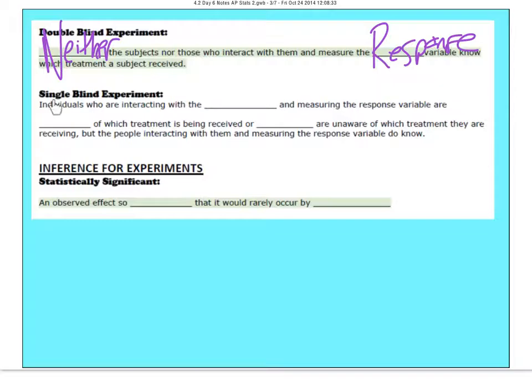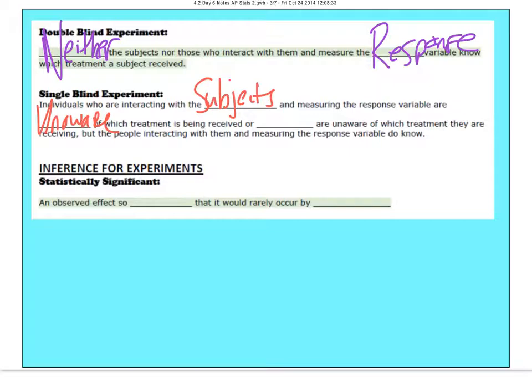On the flip side, single blind is when the individuals who are interacting with the actual subjects and measuring the response are unaware of which treatment is being received. So in this case, the people giving the medicine have no idea which one is being given, but you as the subject might.